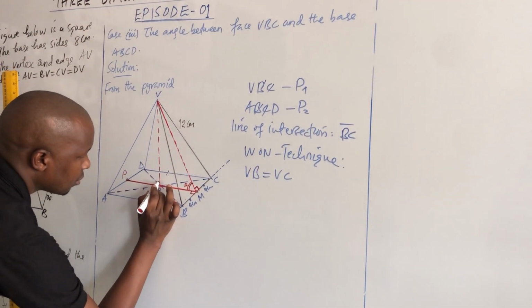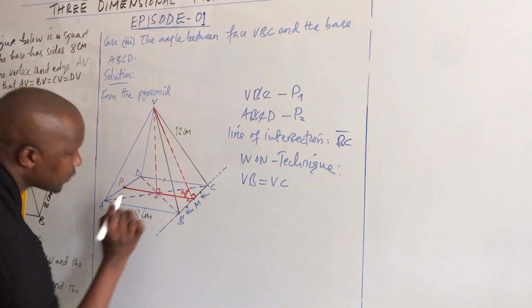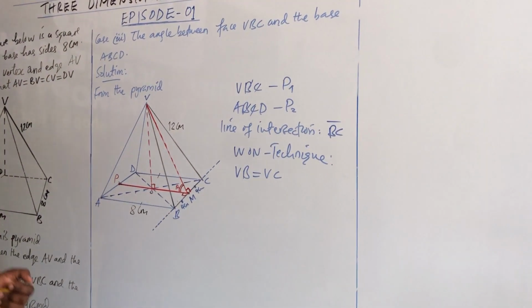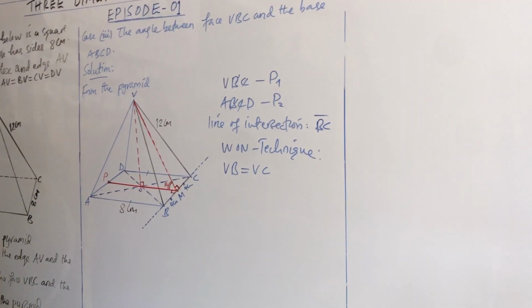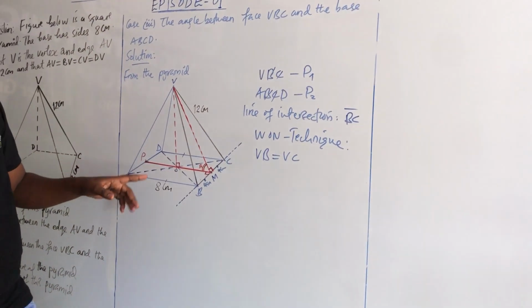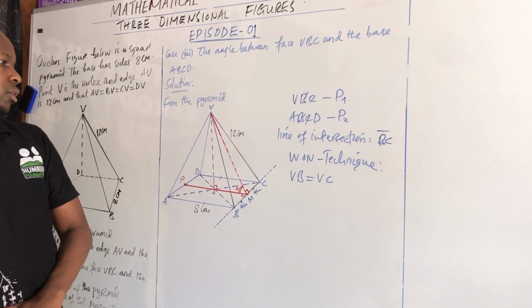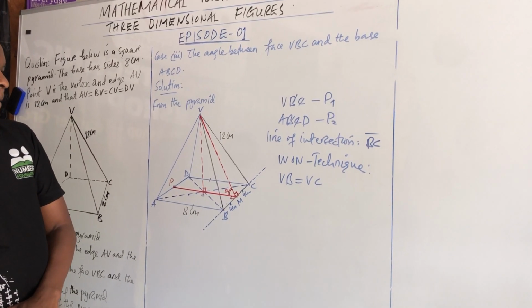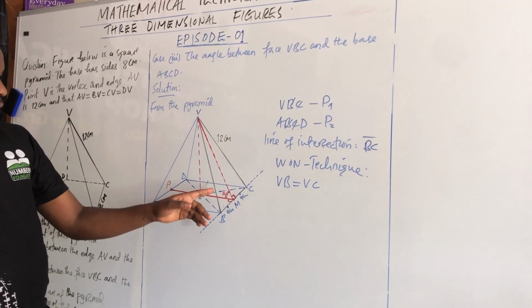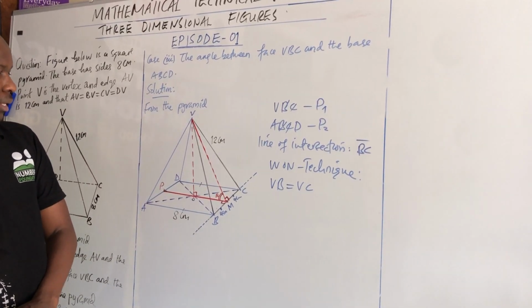That is our VO, which is perpendicular to the center of the base. So having drawn up to that point, we can have a triangle where the angle lies, VMO. We can observe triangle VMO. That's the angle that is formed between the two planes.